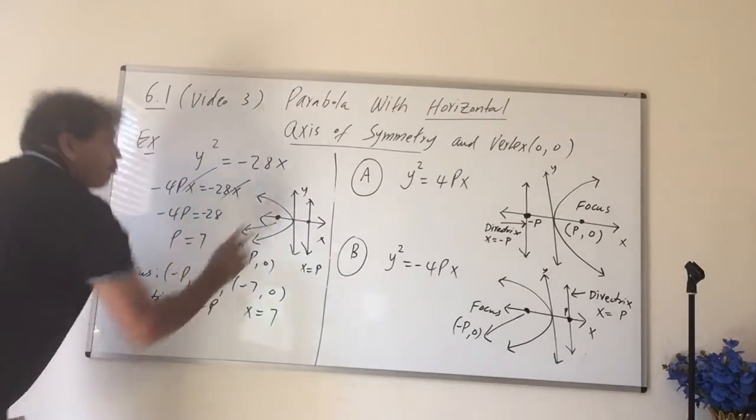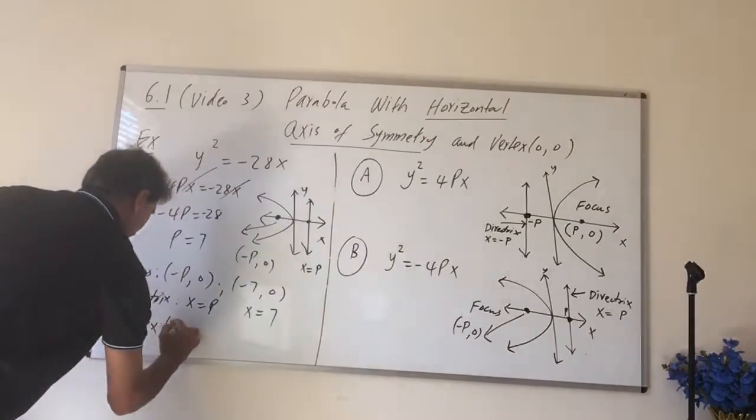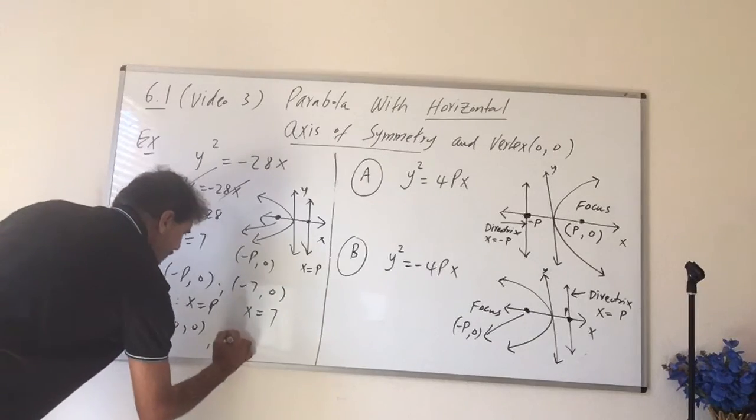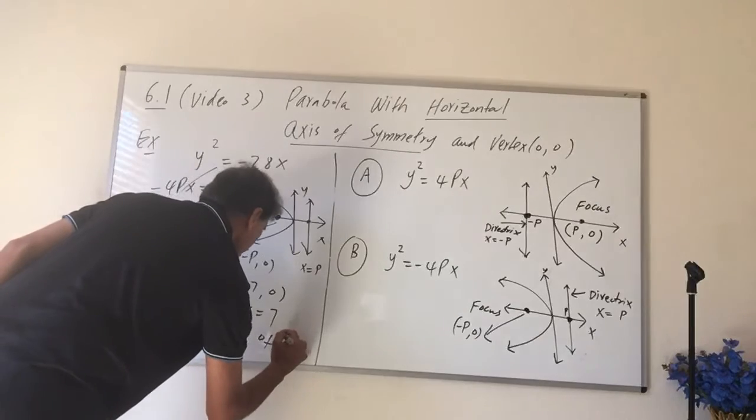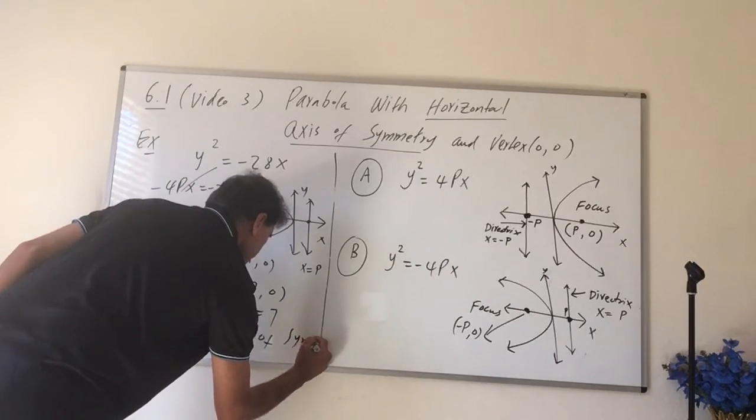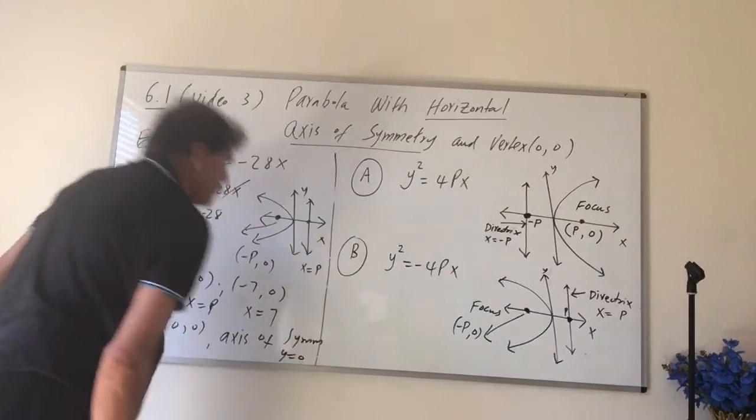The vertex we know is 0, 0, and the axis of symmetry is y equals 0 because it's along the x-axis.